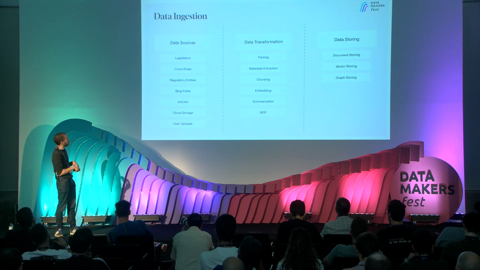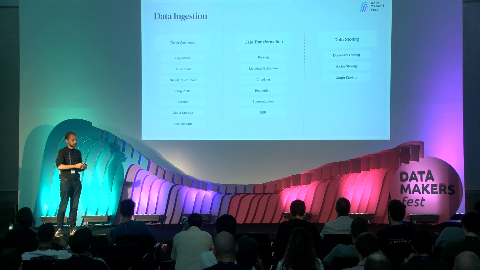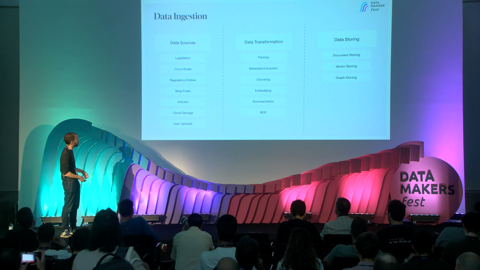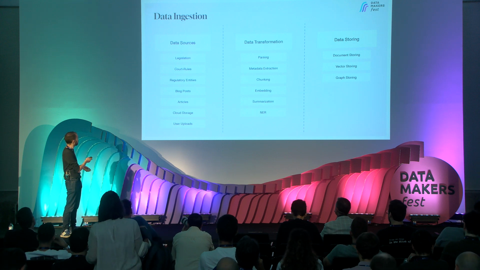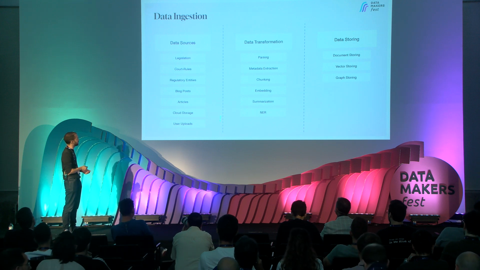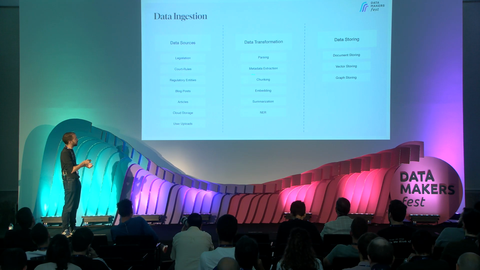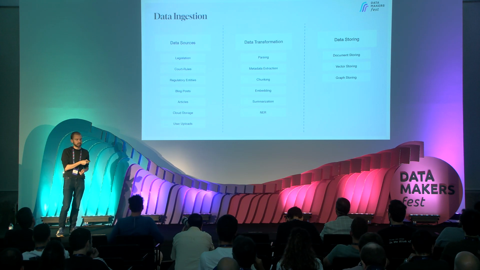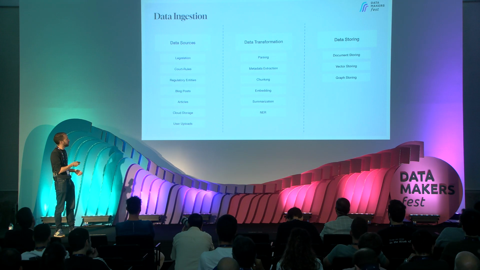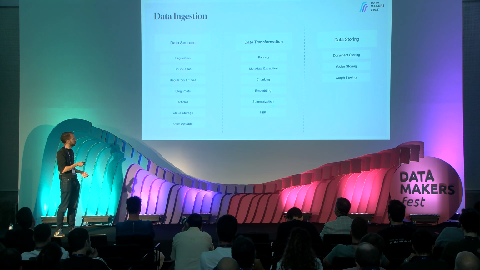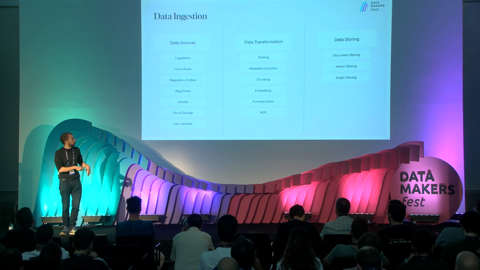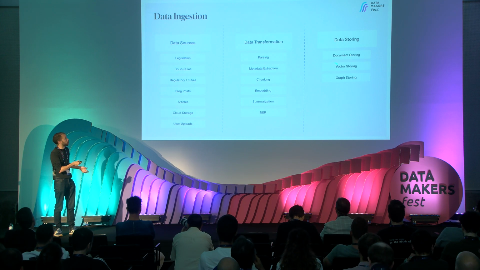heterogeneity here, and then we go to the next step of the ingestion pipeline, which is data transformation. We need to parse all these different types of data. We can do metadata extraction, chunking if we're doing semantic search, then embedding. We can also do some summarization and named entity recognition. Then we have to store our data, so we have a document store for that.